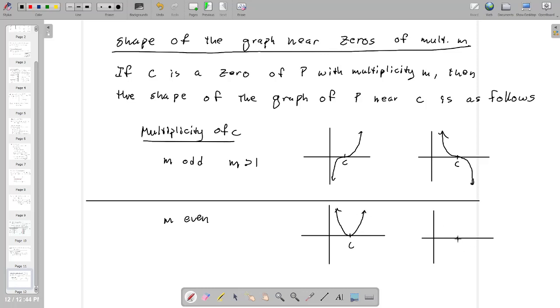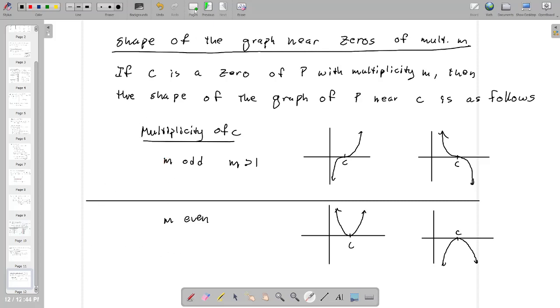Or we'll come up, touch the x-axis, and go back down, like this. So these are the different types of intersections of roots c with different multiplicities.